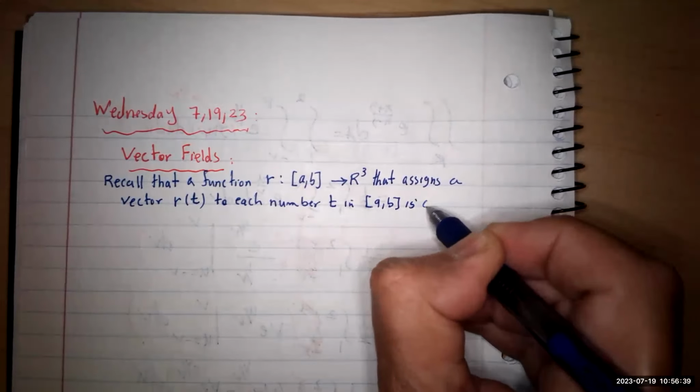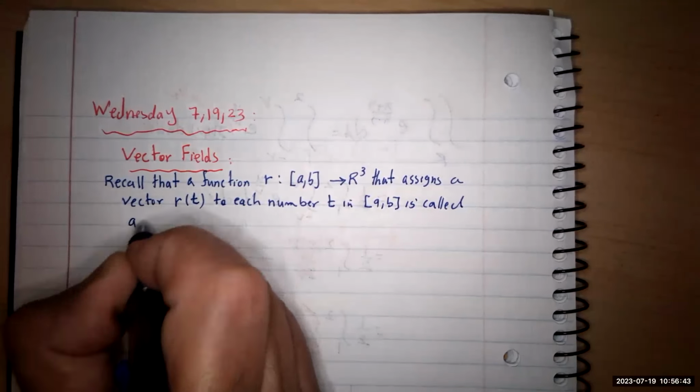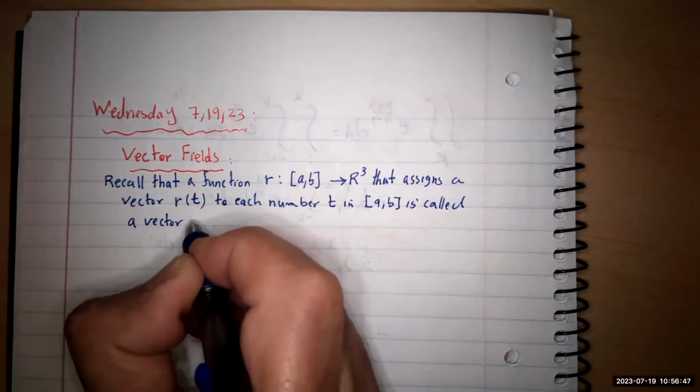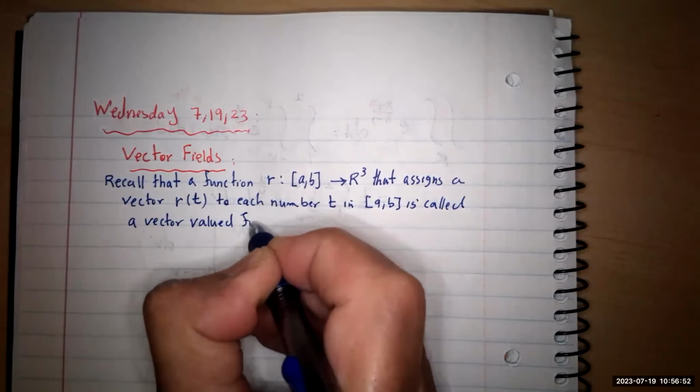We know it is called a vector valued function. This is the first one that we study: the vector valued function.